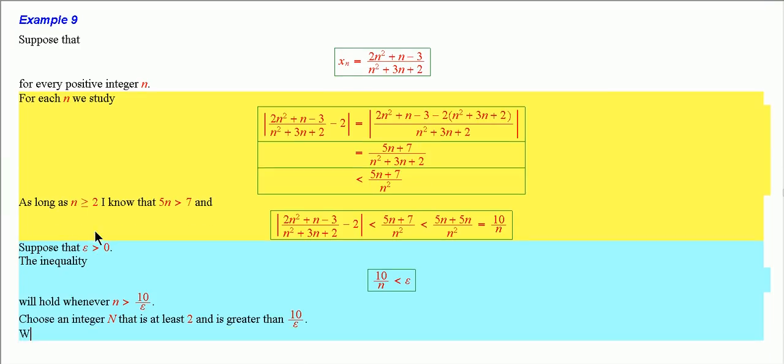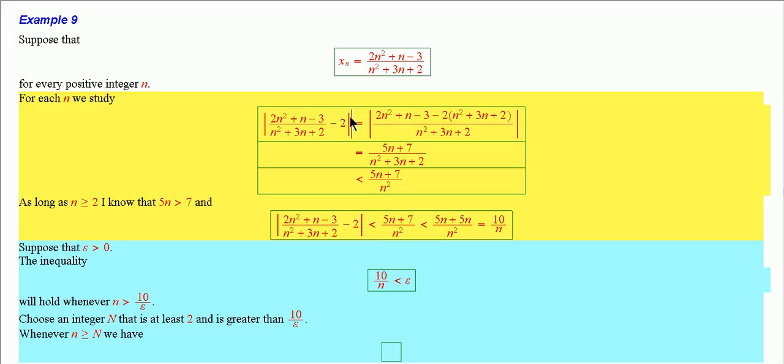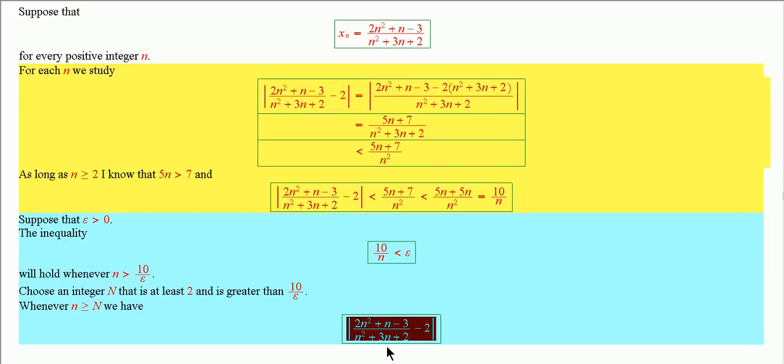Now I can make a statement to you. I can say whenever n is greater than or equal to that integer big N, we can make a statement that this distance, which we know by all our smart inequalities is smaller than 10 over n, now the fact that n is more than 10 over epsilon, that's going to be less than epsilon.